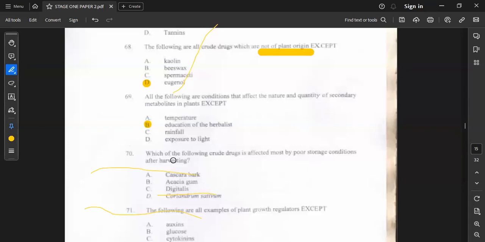Yeah. Should we move on to question 69? Anyone with a different answer? All the following are conditions that affect the nature and quantity of secondary metabolites in plants, except temperature, education of the herbalist, rainfall, and exposure to light.